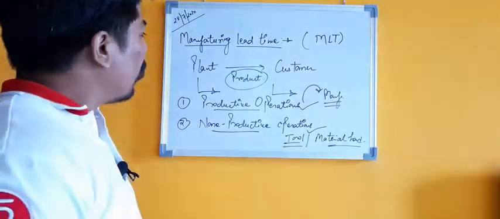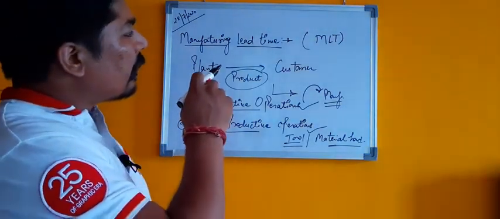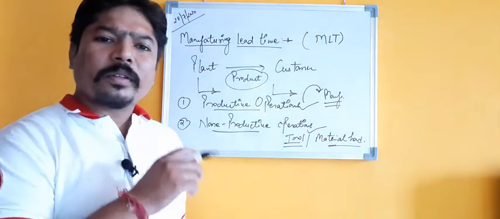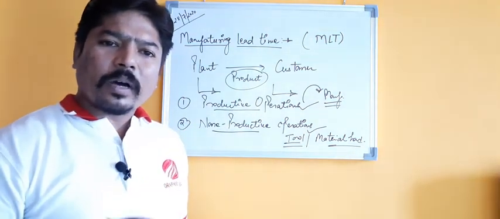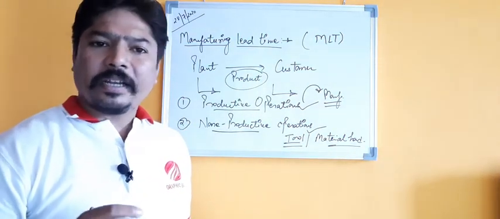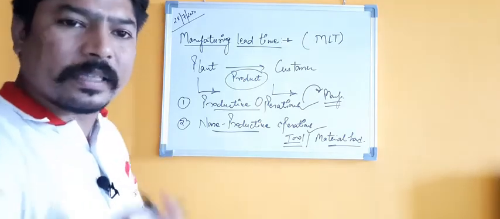Now, if we make a mathematical model for this manufacturing lead time, how can we calculate it based on different mathematical parameters?